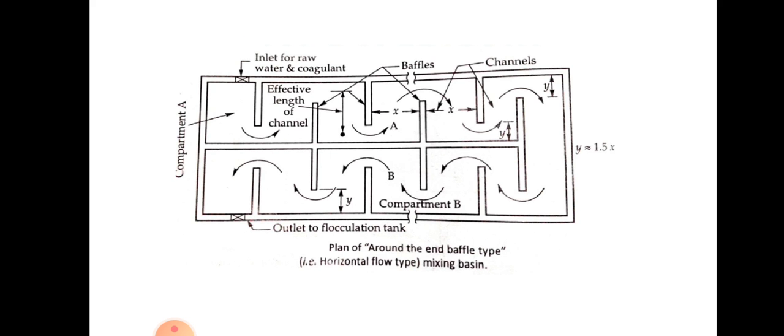This is a typical round the end baffle type mixing basin. In this case, a rectangular tank is divided into a continuous series of channels by means of baffles, and this causes the water to which the coagulant has been added to flow around the ends of the baffles.